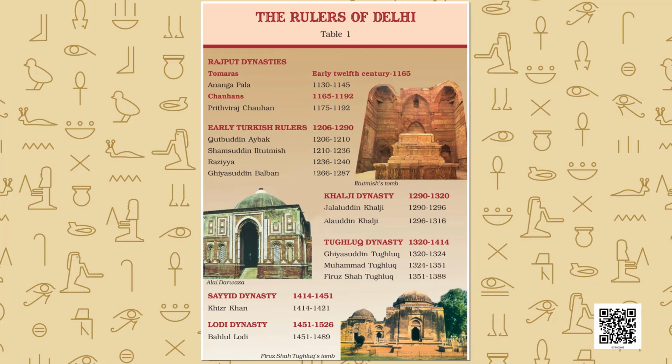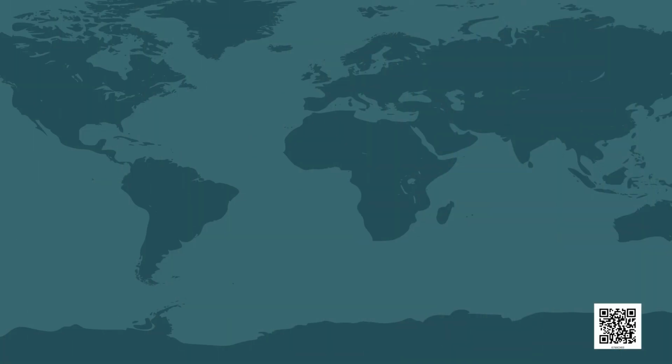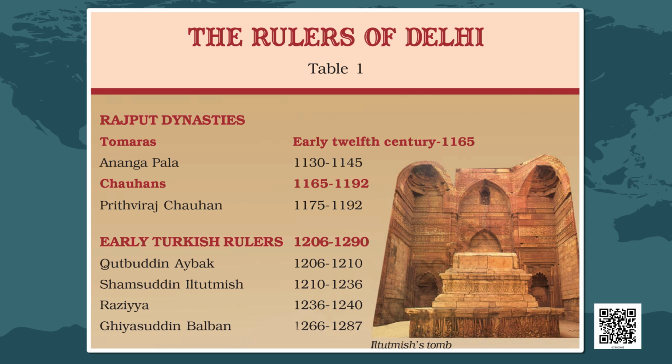Take a look at table 1 again and identify the 5 dynasties that together made the Delhi Sultanate. So students, in this table, we see the different dynasties and their successors. First, we see the Rajput dynasties.